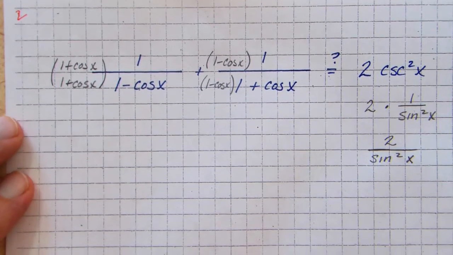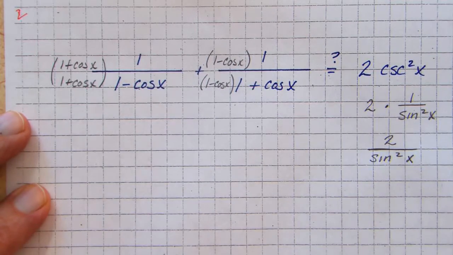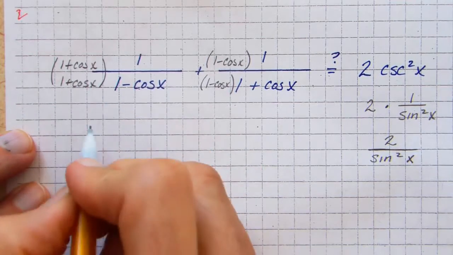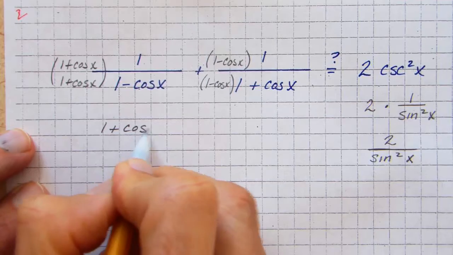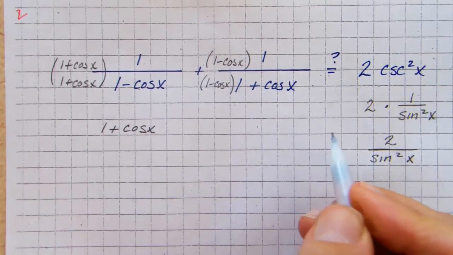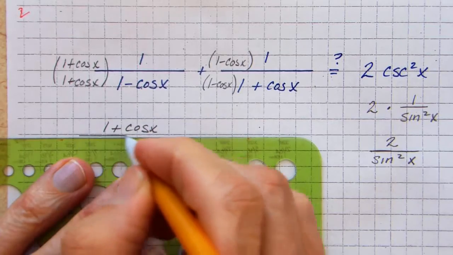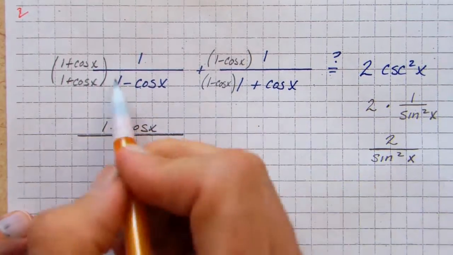You're merely changing its appearance. So let's see what that does for us. In the first case, we have the top, 1 times 1 plus cosine x. That would be 1 plus cosine x. That's not too bad. And then the bottom. And here we've got to be a little careful with the bottom, because now we're going to have to distribute.